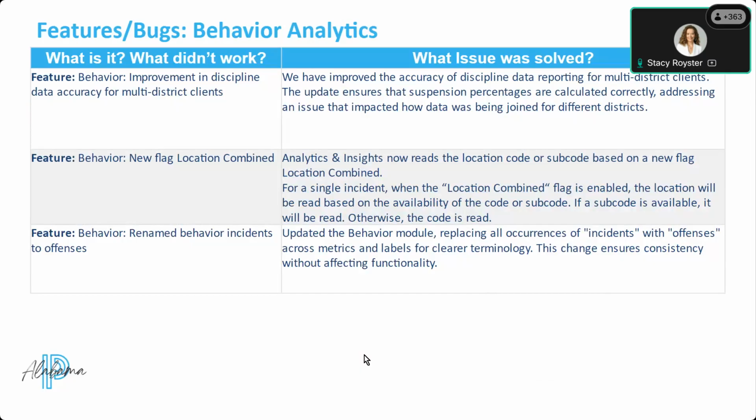You didn't see it on your level as a district. We might see it here as the state, but they have now corrected that. There is a new flag location inside of the behavior part of the analytics where it now can do combined ones. It also is updating the name of everything called offenses to incidents, now to be called offenses.